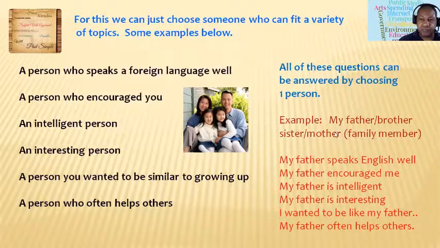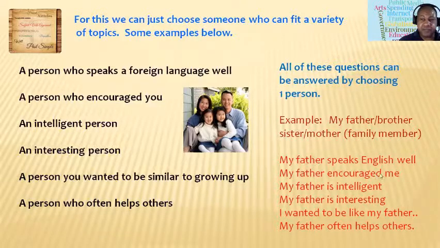So this is an example of adapting. You've got your person, and you adapt this person to fit these questions. My father, my brother, sister, mother, family member, and we can also add to that a friend. My father speaks English well. If you're not English, obviously most of you are not, you take the exam. My father speaks English, Spanish, German, could be anything.